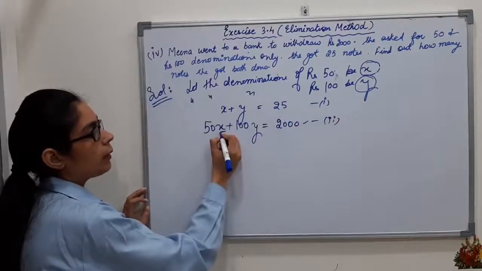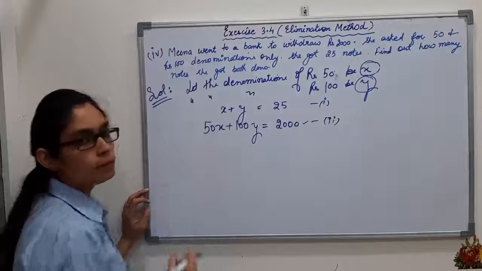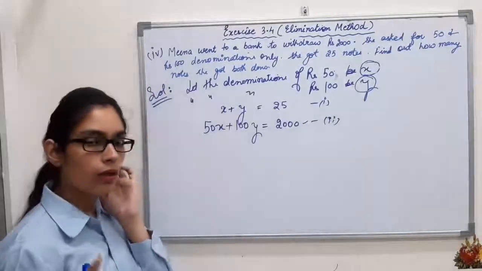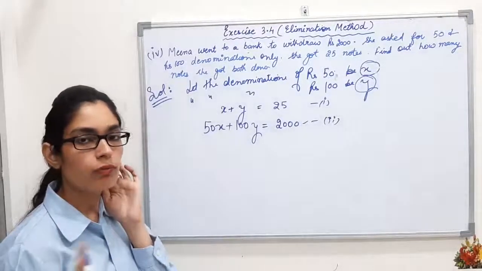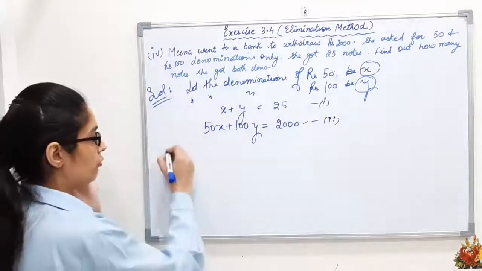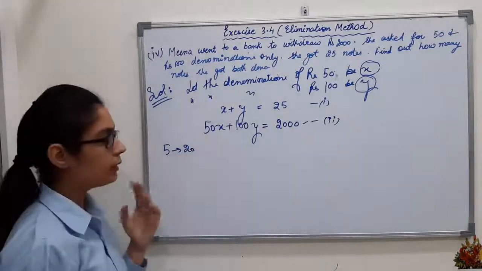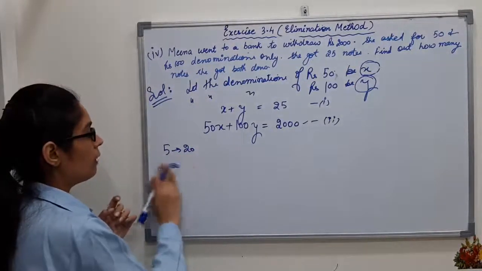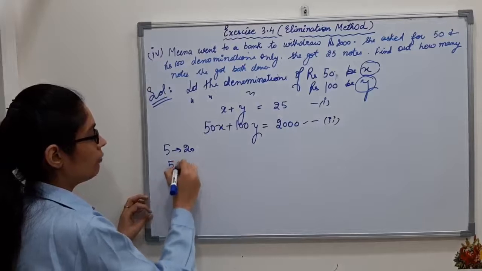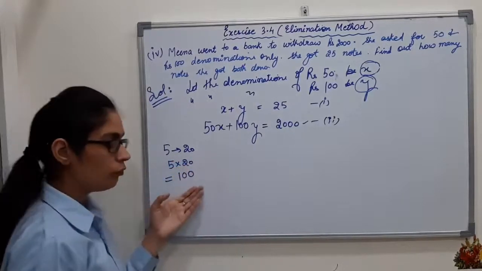See, x is my number of notes. For example, if I have 5 notes of 20 rupees, this means if I multiply 5 with 20, I will have a total of rupees 100.